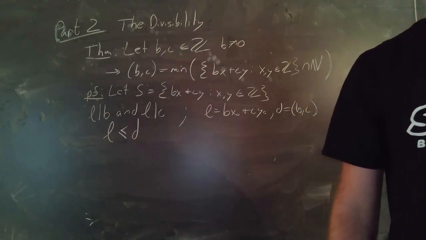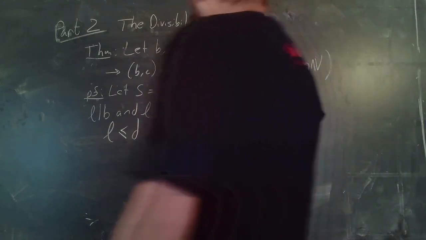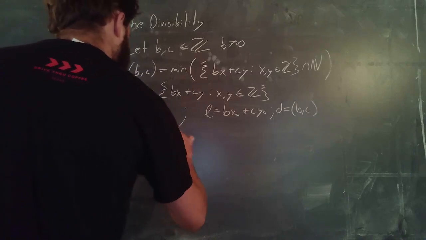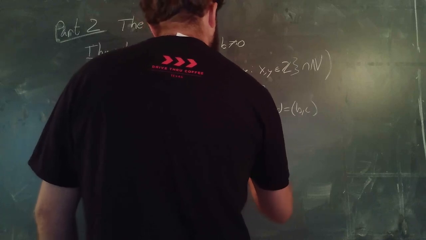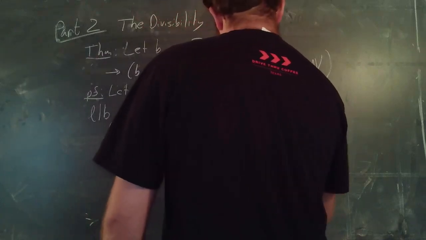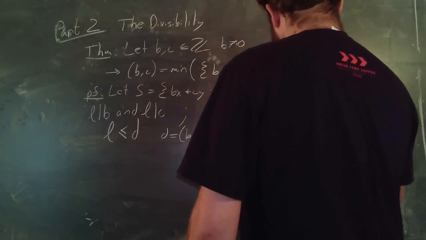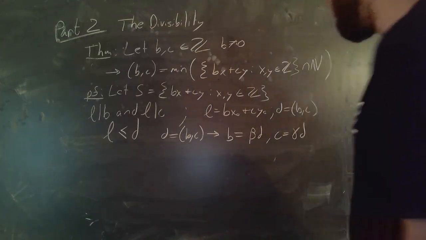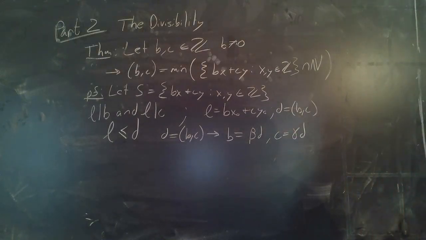Now notice here that d is defined as the greatest common divisor of b and c. That means that we can express b as some multiple of d, and we can express c as some multiple of d, using beta and gamma as our integers that scale up d to equal b and c respectively.